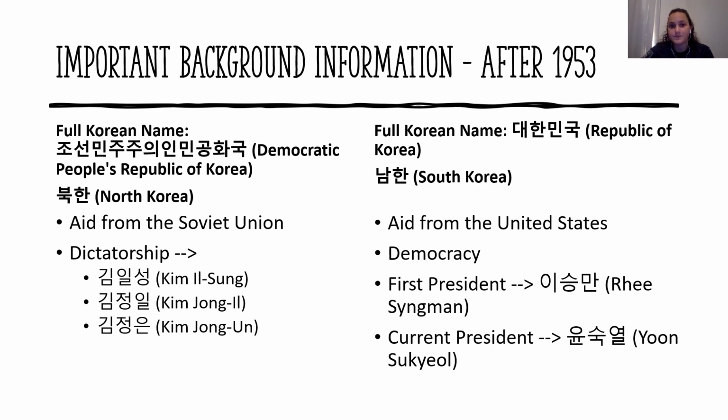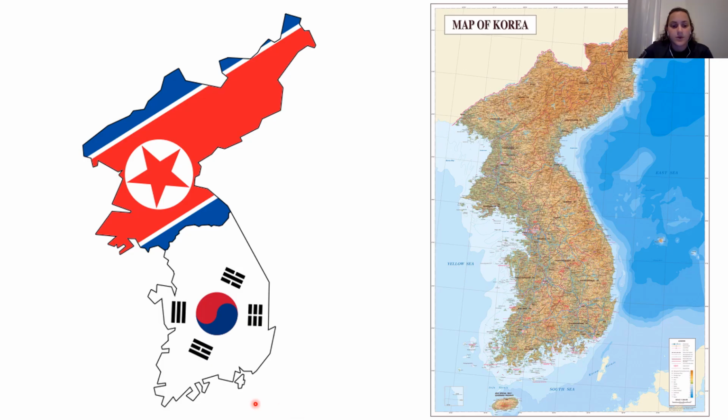So one quick important thing to point out is regarding the maps of North and South Korea, in North and South Korea versus outside of North and South Korea. Since the war is technically not over, both countries still view themselves as one unit.